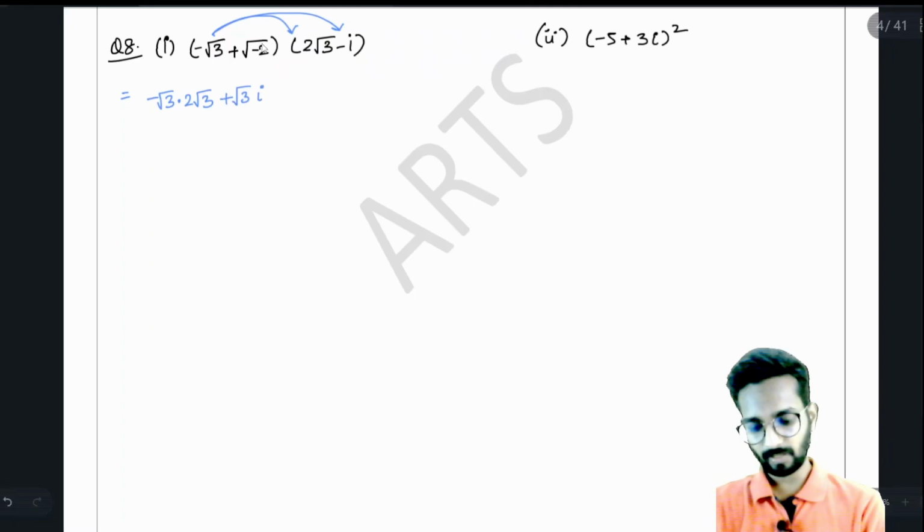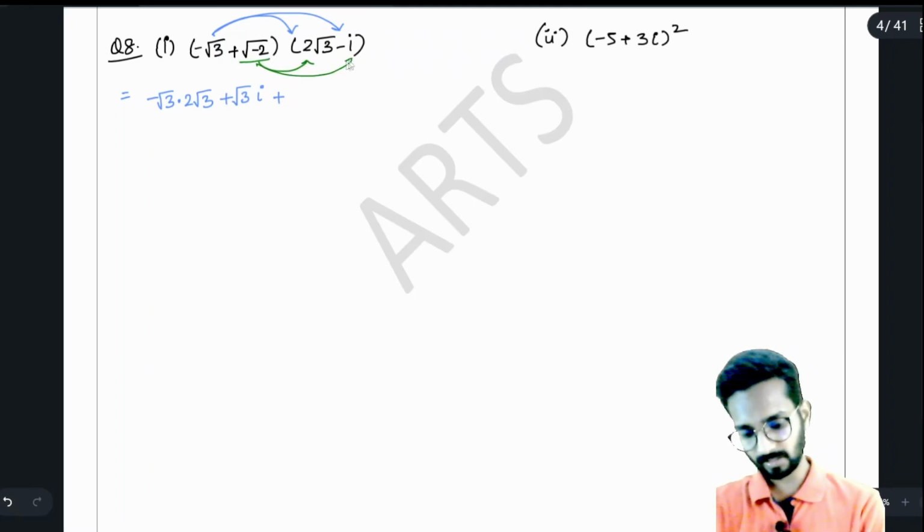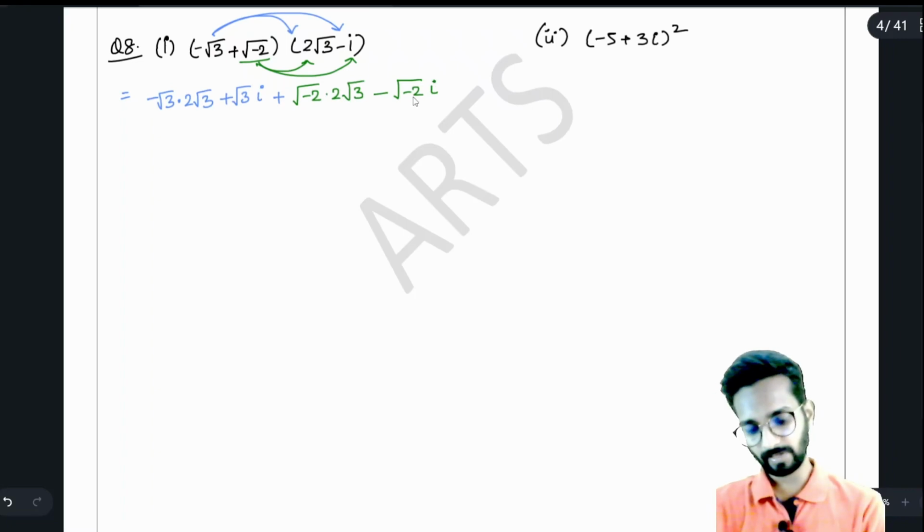Then plus of negative root 2 plus, now what we are doing? See, this number we have to multiply with this, and this number we have to multiply with this. So plus of minus 2 into 2 root 3, then minus 2 into i. Very simple.